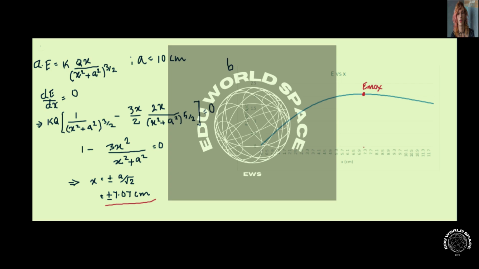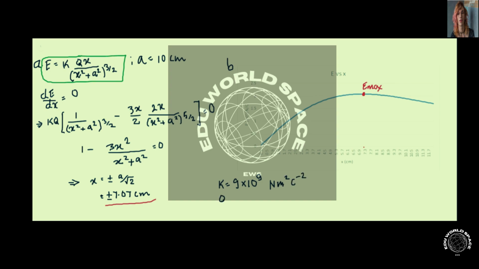Now to draw this graph, let me tell you, I have used this formula here. And for the terms in that, I have used k is equal to 9 into 10 to the power 9, and that is Newton meter square per coulomb square.